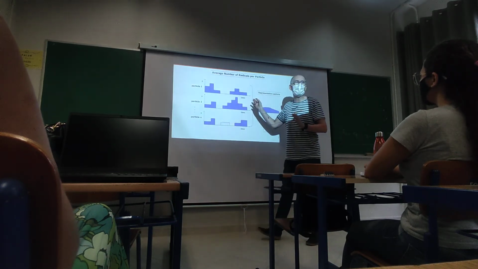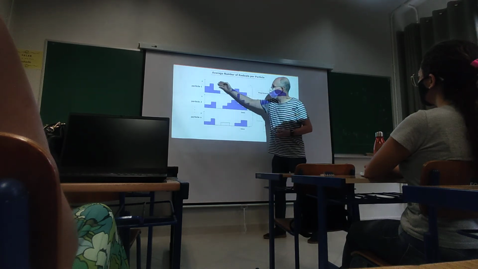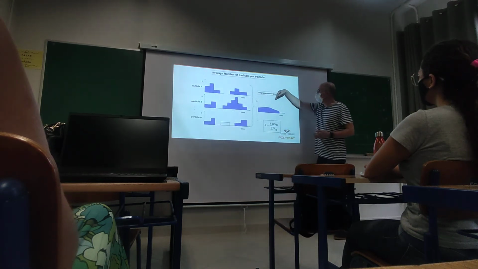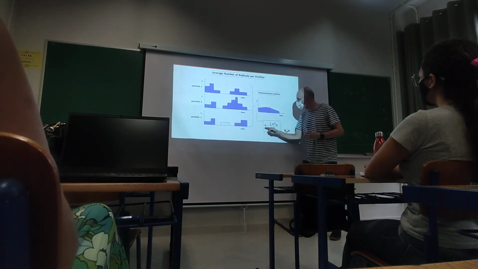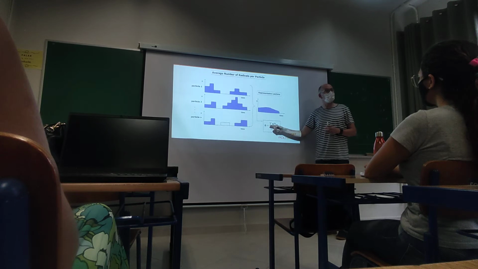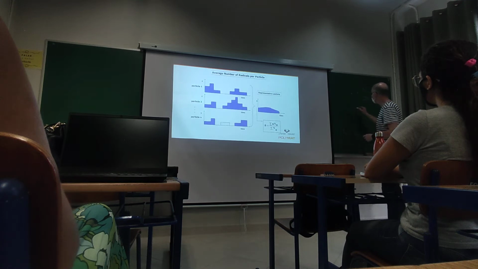So accounting one by one is impossible. So what we do is we make a representative particle of all of them, and we calculate the average number of radicals per particle, which mathematically is the total number of radicals divided by the total number of particles.